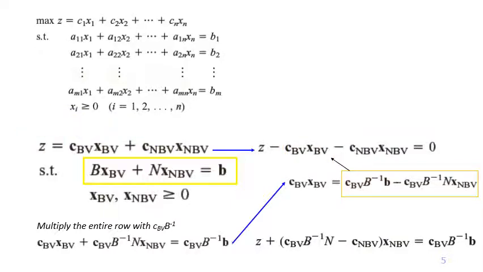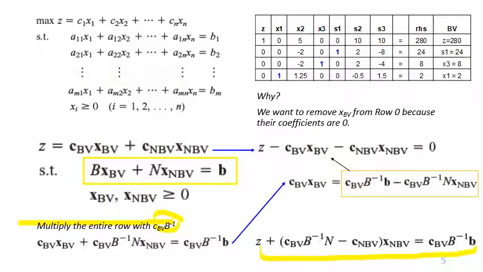Again, to get the intuition why we would like to do this, how do we know that we need to multiply the entire row with this, and why is this equation special? Well, you see that in this final equation, we do not have XBV anymore, only XNBV. Why do we want to remove XBV from row 0?